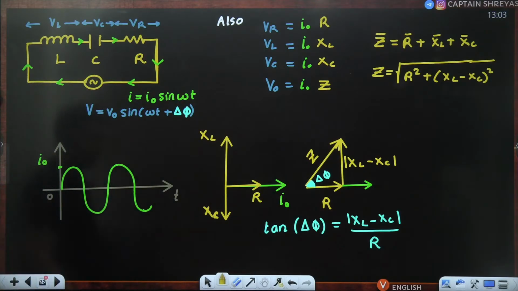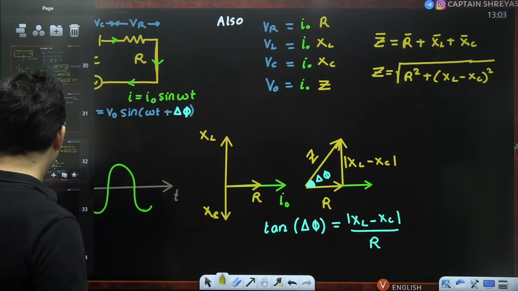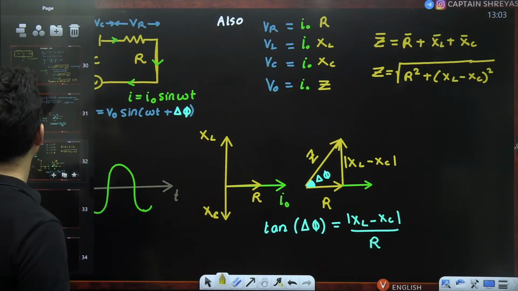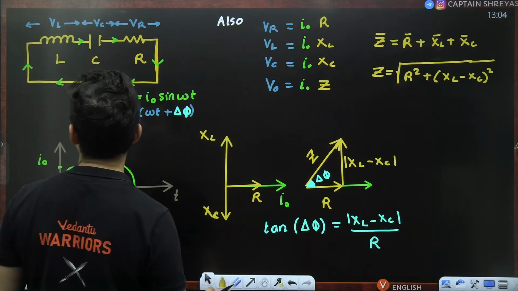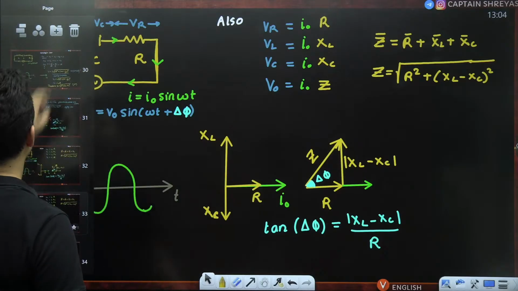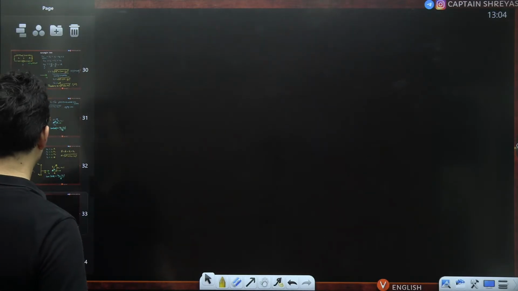Clear? Very good. Now, if you ask me what is the power in this circuit, well, so many things I have to draw. Instead of that, I will draw only a new thing. That will be better.